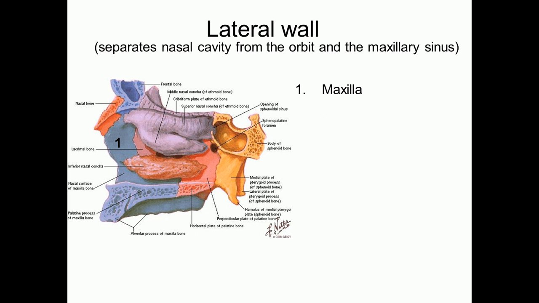Maxilla is of blue color here. Then number 2, os lacrimale. It's of reddish color here. Then os ethmoidale, number 3, it's of pink color here.